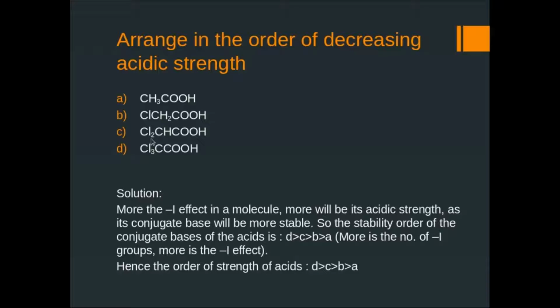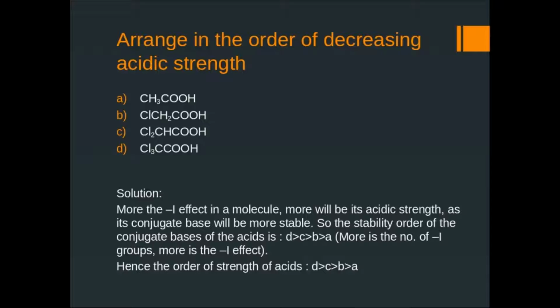Then comes C. C has two chlorine atoms, so it has two combined minus I effects, which is obviously less than the three minus I effects of chlorine, so C will be less than D. Then there is one chlorine atom, which is obviously less than D and C, so it comes after C. And after that there is acetic acid.